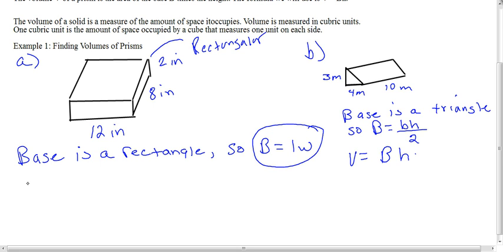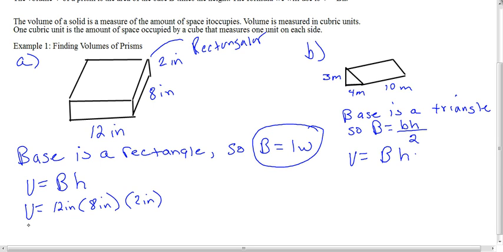So using our formula, volume is equal to big B times height. We can repeat that and say volume, and we said that the base is length times width. So here that's 12 inches times 8 inches, and of course times the height, which is 2 inches.